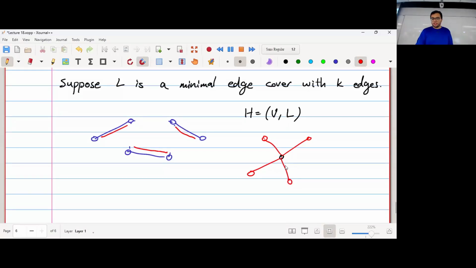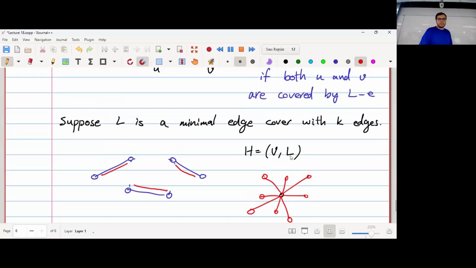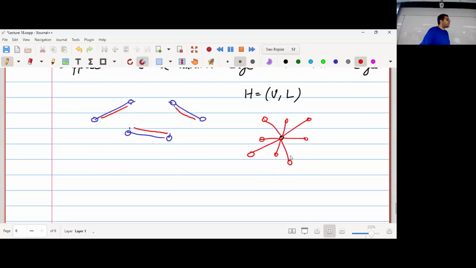So this is a star with 4 outgoing vertices. This is a star with 5, 6, 7. This is a star. So I would claim that every connected component of the graph that only has L as its edges is a star.